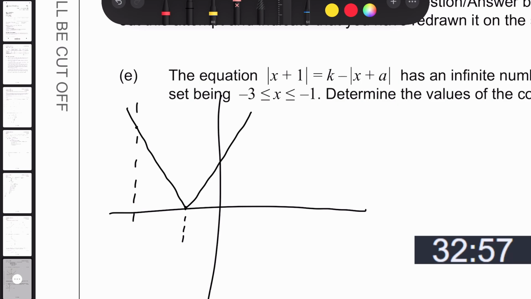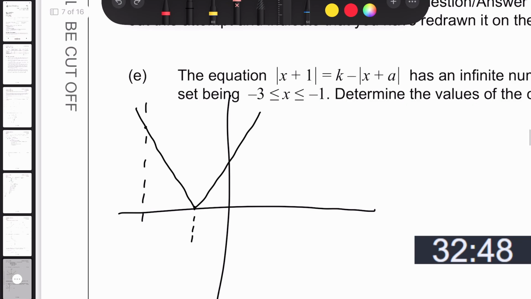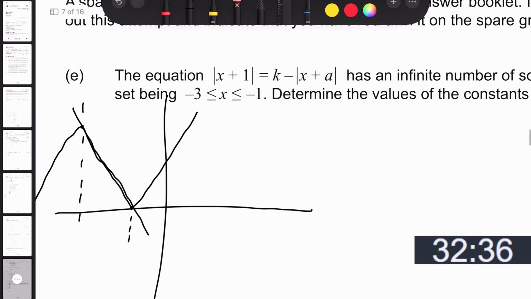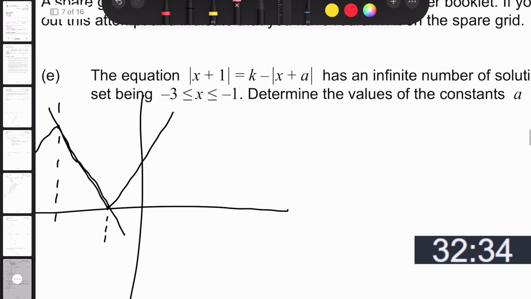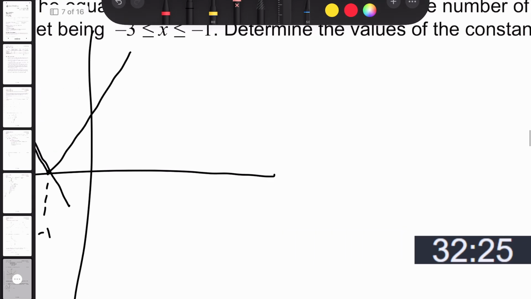So a must be, but that's a negative of that. So negative means it's going to come up like this and go down. So this is x equals -3, -1.